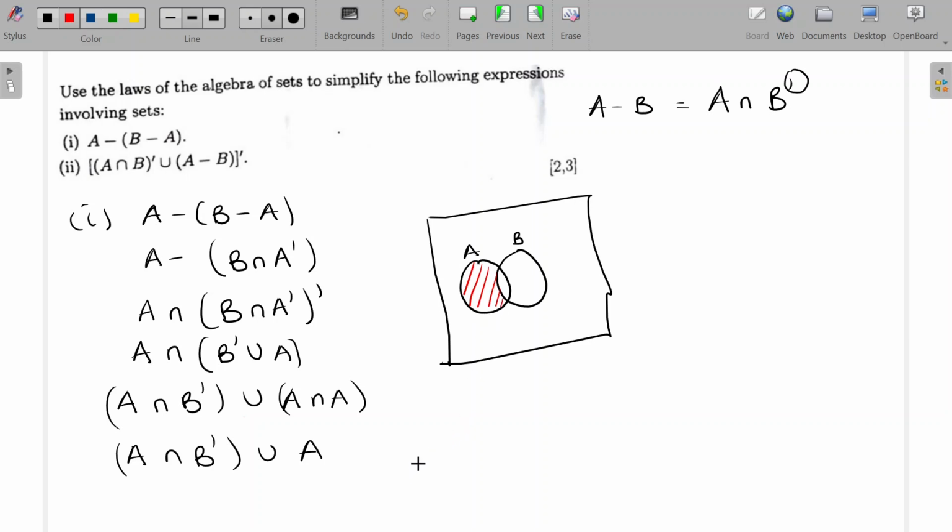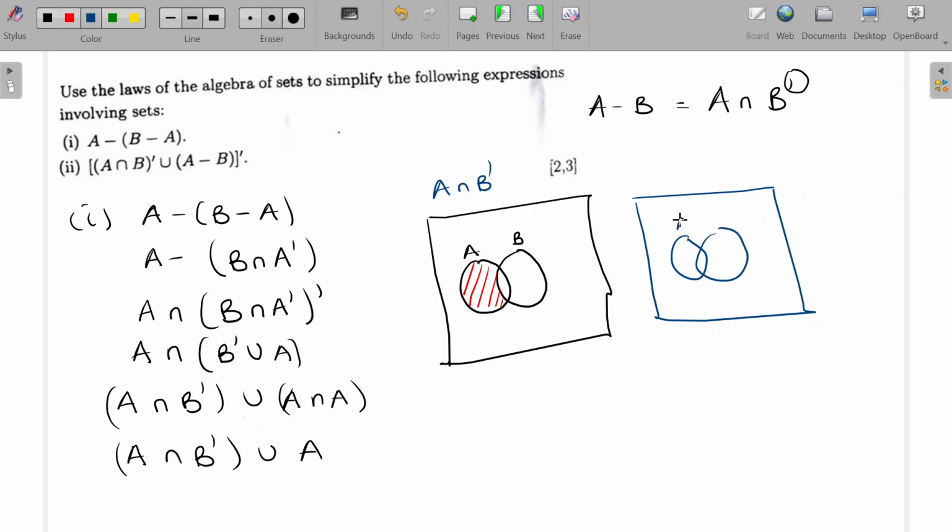Now, they want us to unionize it, meaning put it together with A. So this is A intersection B complement, and now let us see what A is. When they talk about A, they mean everything in set A. When they tell you to unionize, they are simply saying put them together.